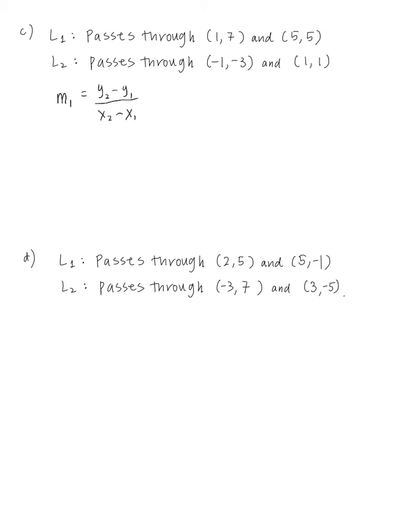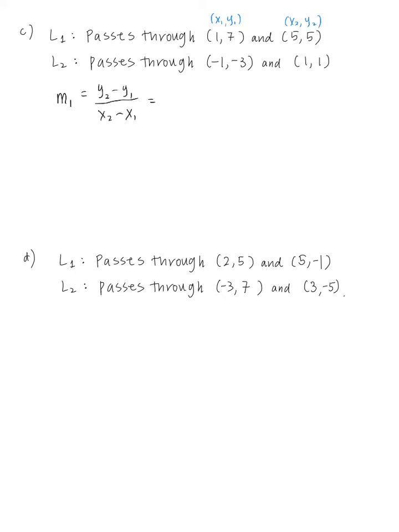Again, it does not matter which one you call x1 or x2, as long as if you pick the first ordered pair to be x1, then the y value of that should be y1. But anyways, let's take this as x1, y1, and then x2, y2.